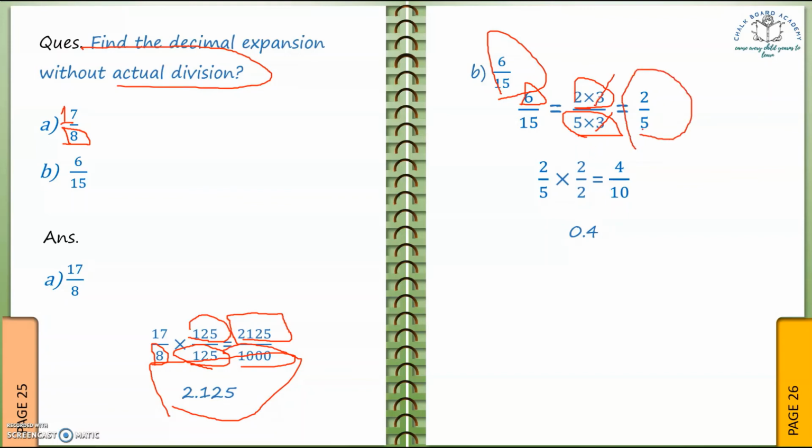Now to make this 5 into 10, we have to multiply it by 2. So to keep the value the same, we multiply numerator and denominator both by 2. So the numerator becomes 4 and denominator becomes 10, because we have only one 0. So it results in 0.4. So this is how we find the decimal expansion of terminating decimals, where only multiples of 5 and 2 are present in the denominator.